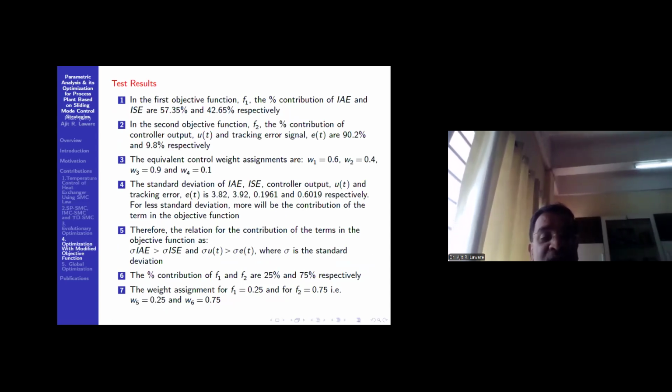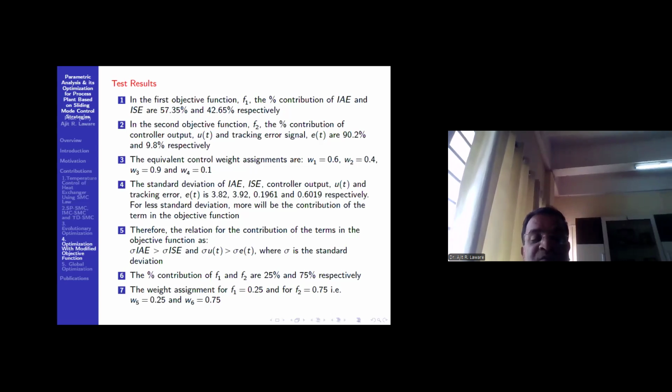So based on the percent contribution or standard deviation, those weights have been applied. But the addition of weights should be 1. The addition of weights should be 1.